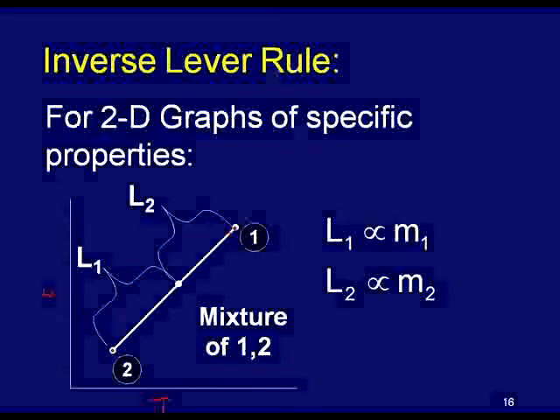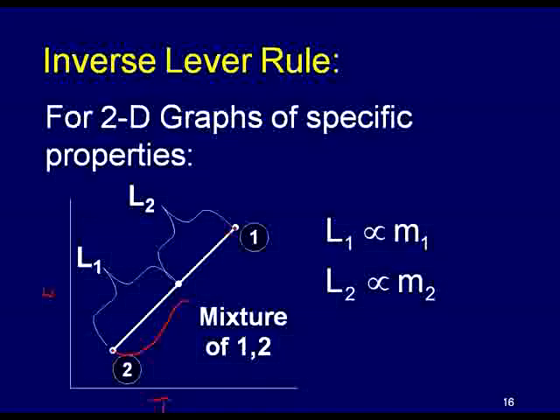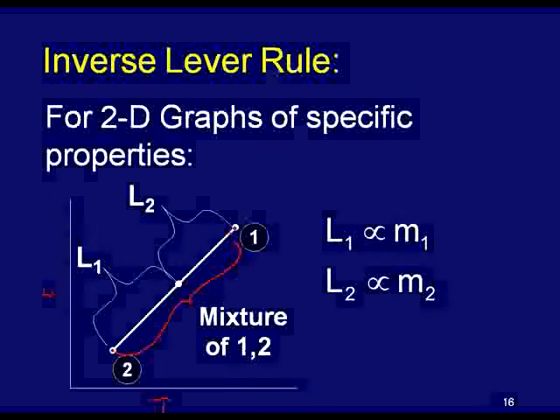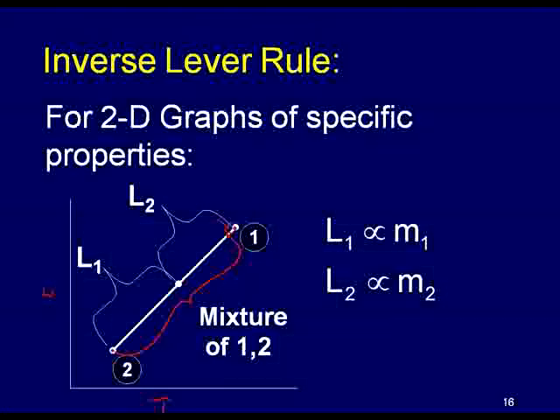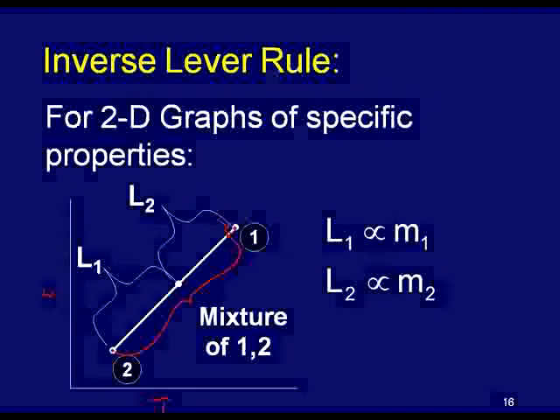And so the length from state 2 to state 1 will be very long, and the length from state 2 to state 1 is proportional to the mass of 1. And if it's mostly state 1 again, then the distance from state 1 to the mixture will be shorter, and that'll be proportional.